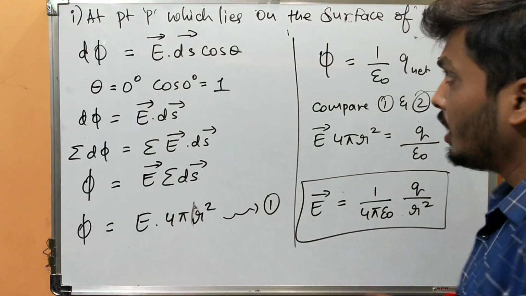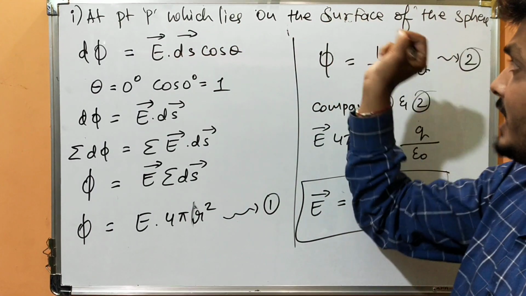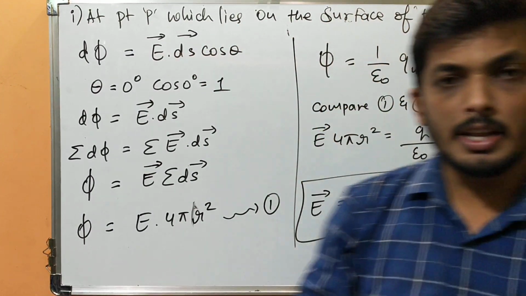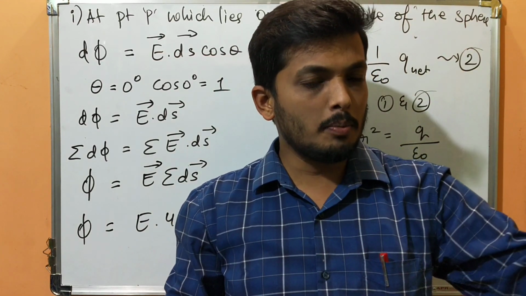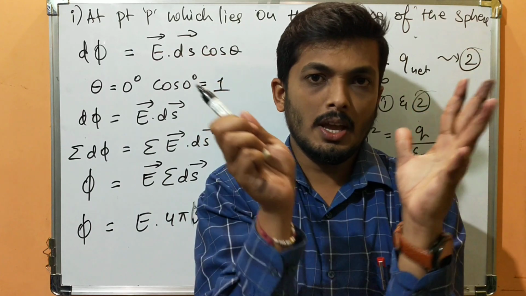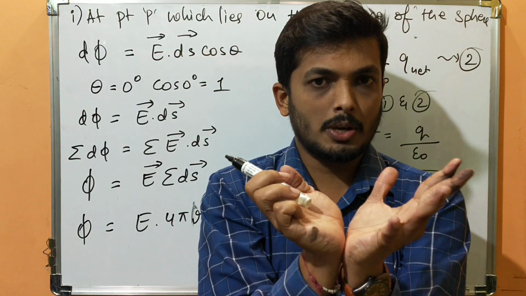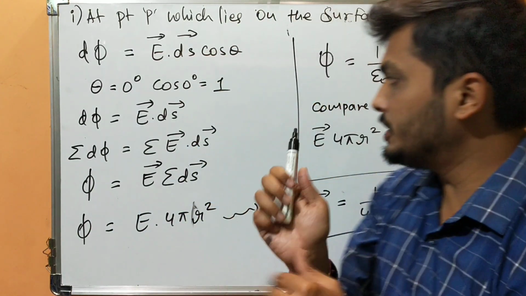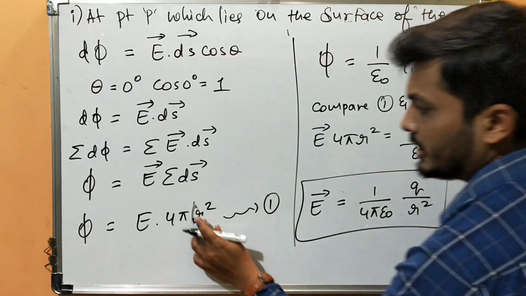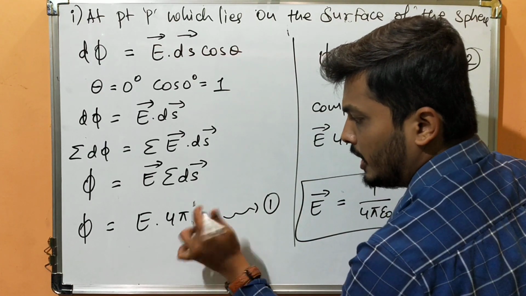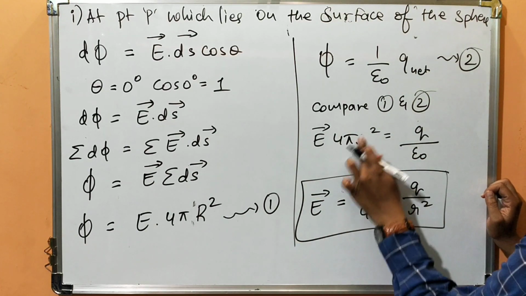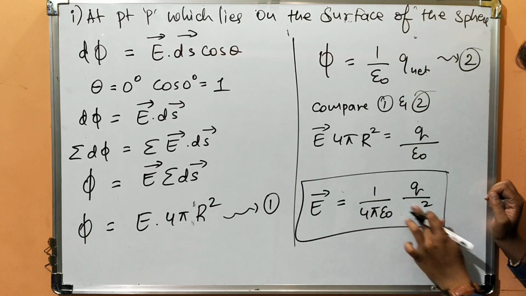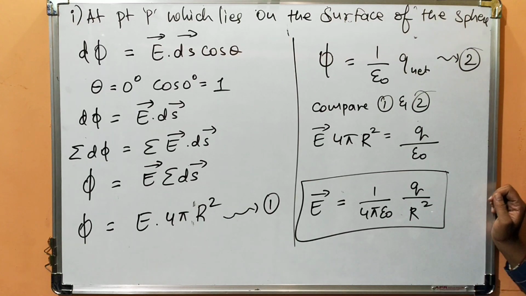So if the point P lies on the surface of the sphere, initially the point P was very much outside the shell. Now that point P has come closer, near the surface of the sphere. The only thing that will change here is this distance r, because the radius has reduced, so this will become R square. Are you understanding?